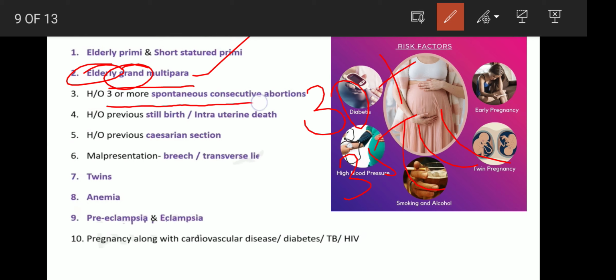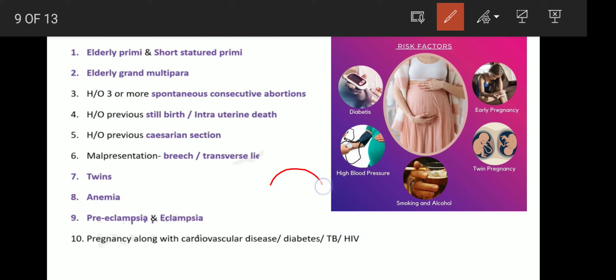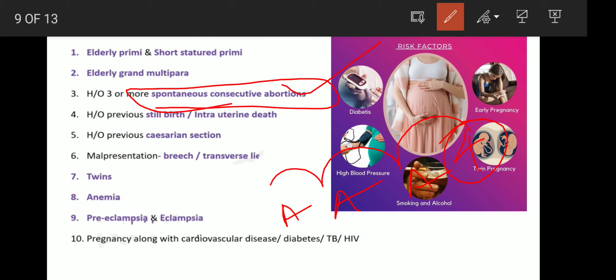History of 3 or more spontaneous consecutive abortions. So we see that she has had 3 consecutive spontaneous abortions, and this is the 4th, so she is at high risk of having an abortion. History of previous stillbirth or intrauterine death.